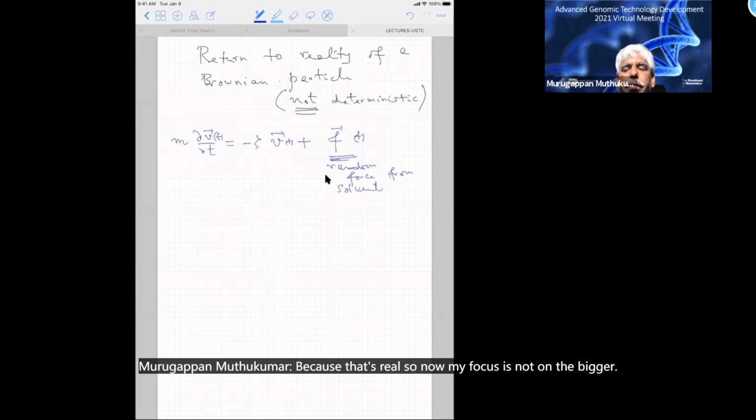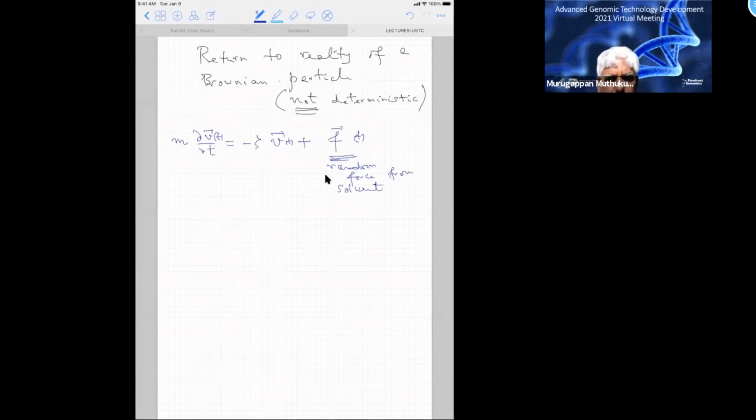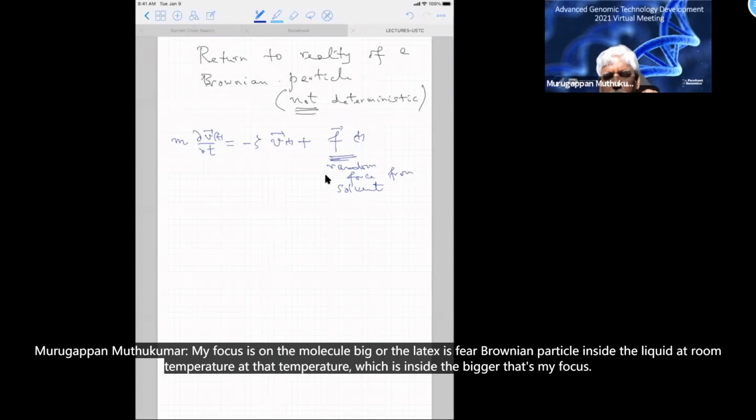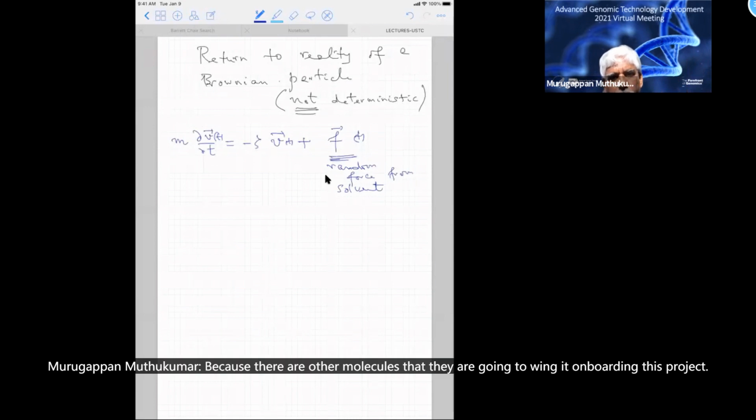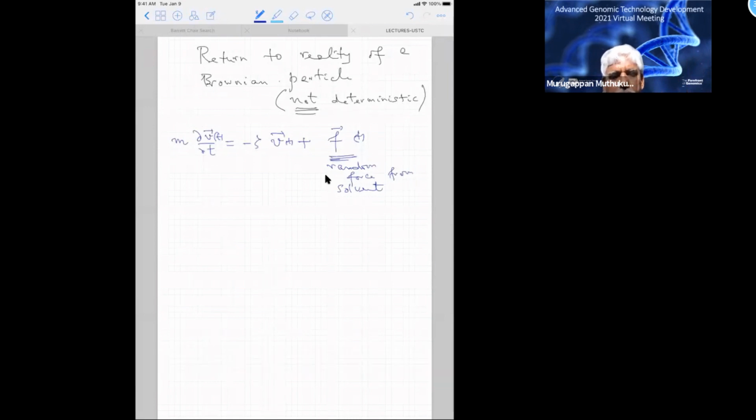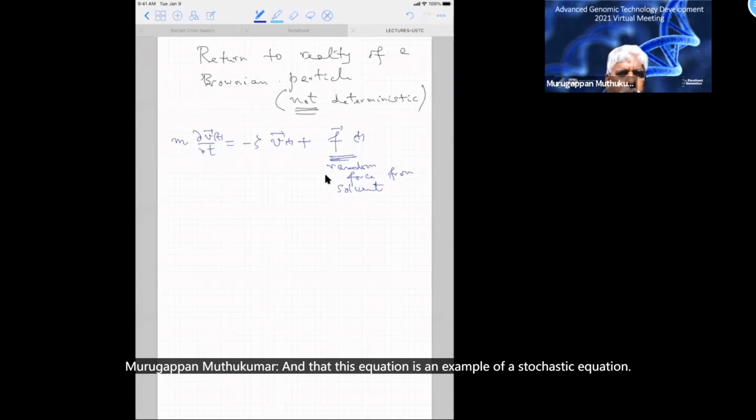Because that's real. So now my focus is not on the beaker on the desktop. My focus is on the molecule, big or a latex sphere, a Brownian particle inside the liquid at room temperature, inside the beaker. That's my focus, because there are solvent molecules moving around, bombarding this particle. And this equation is an example of a stochastic equation.